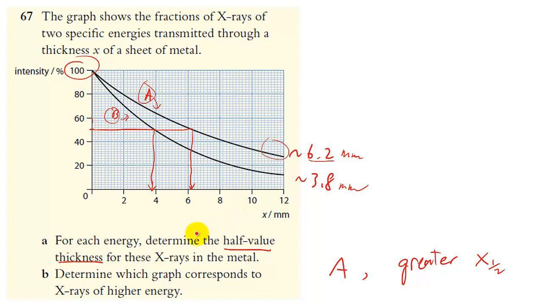Very simple. Part B asks you which one corresponds to X-ray with high energy. If you remember, the higher energy should have less attenuation, so it can go through more quickly. So it should have, in that case, a higher half value thickness, right?